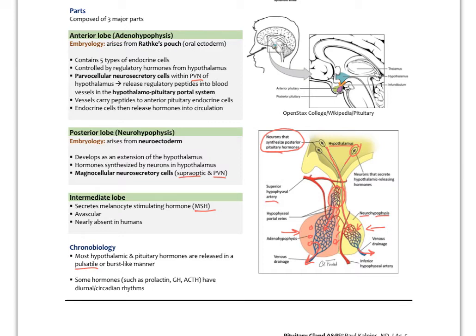And if the pulses are slow, then the anterior pituitary cells release FSH in response to that. If the pulses are speeded up, they release LH instead. So that's interesting. Again, it's not just the hormone, it's also the rhythm of the hormone, which is important here. Okay, so we'll look at the rhythms of all those individual hormones as we go.